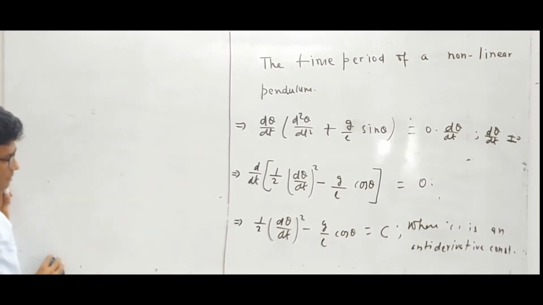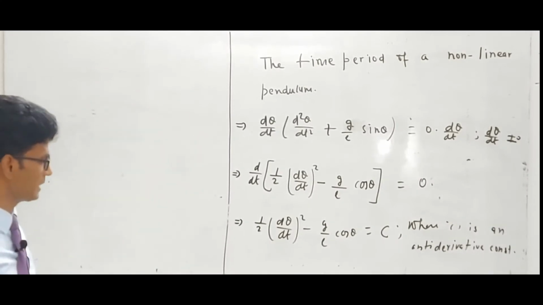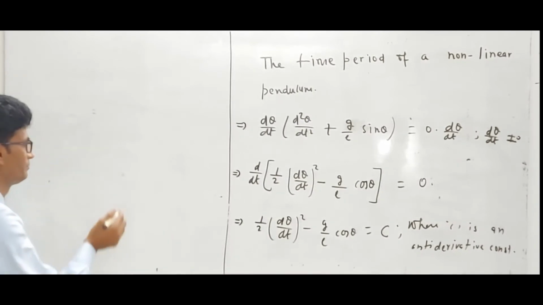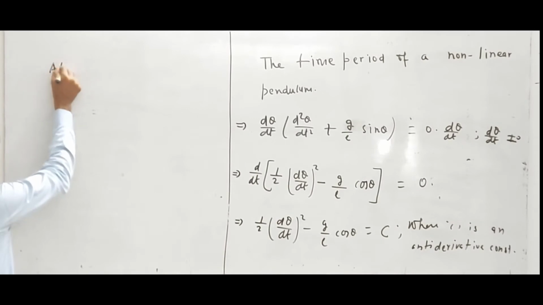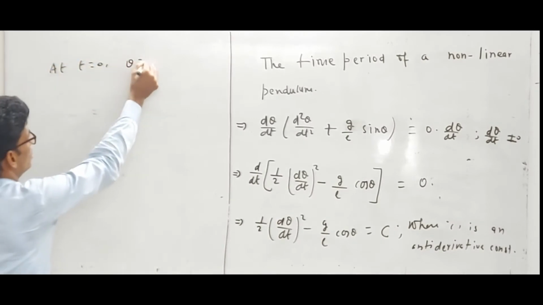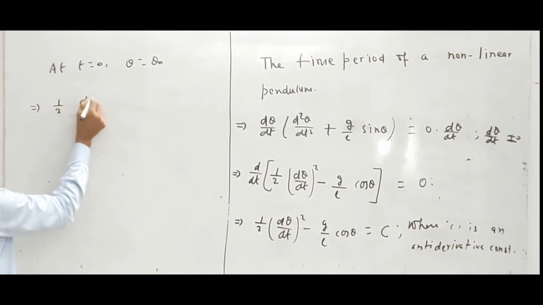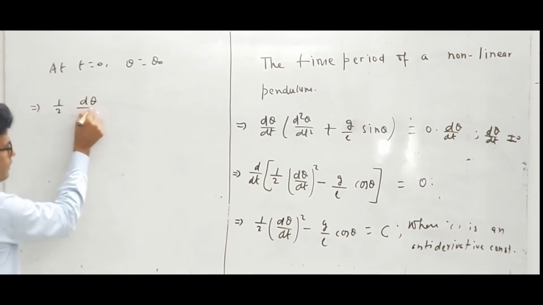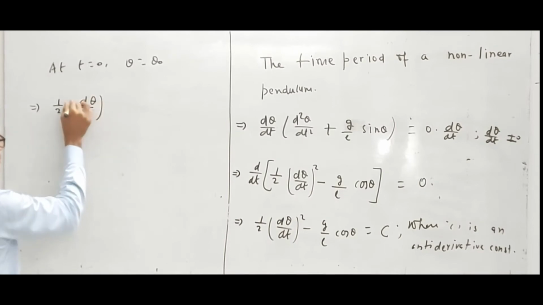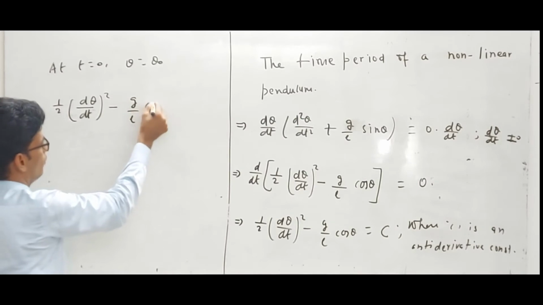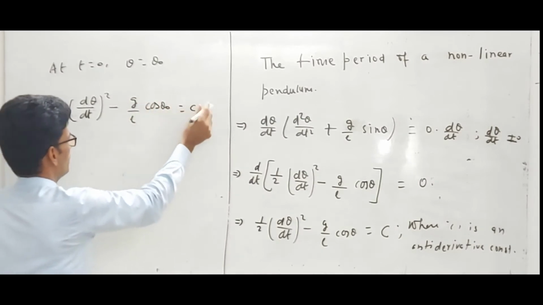Now the first task is to find the anti-derivative constant c. For this, we take the initial condition: at t equal to 0, theta is equal to theta naught. So put that, and it comes out to be half d theta by dt whole square minus g by L cos theta naught, and this is equal to c.